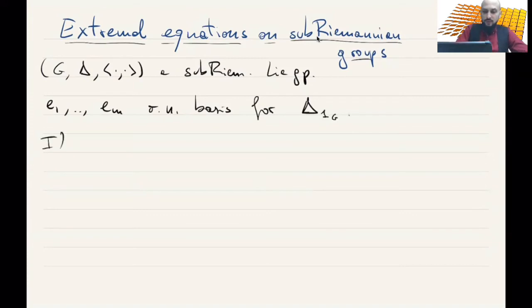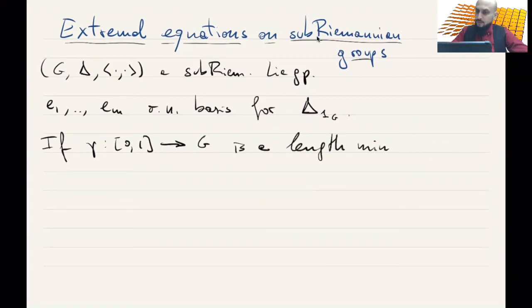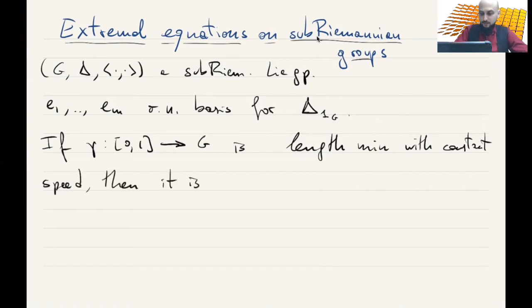And then we saw that if gamma from [0,1] into G is length minimizing with constant speed, then it is energy minimizing.